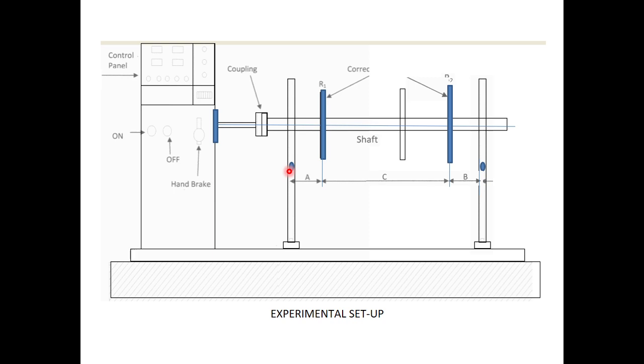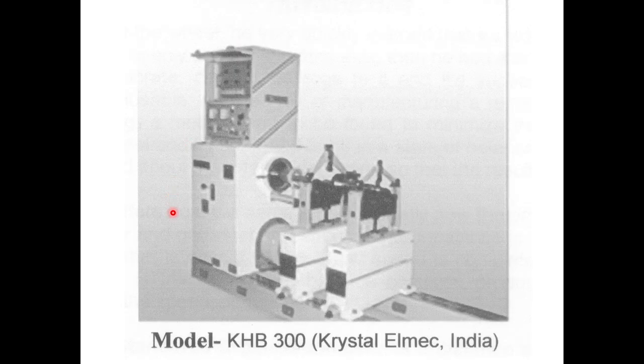The next part is how to connect the rotor with the drive motor. This drive motor is part of the machine. This is the drive unit, and this is the end of the drive motor. Now, observe one thing: the center line of this drive motor is at a fixed height from the ground.